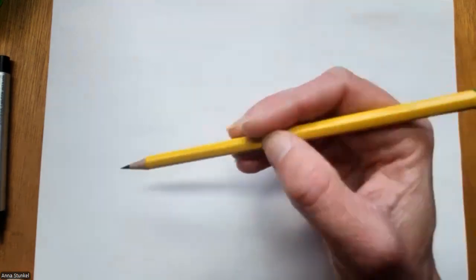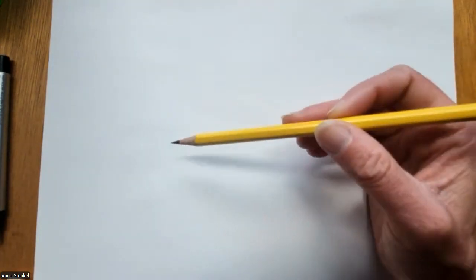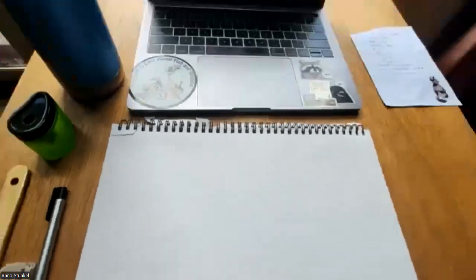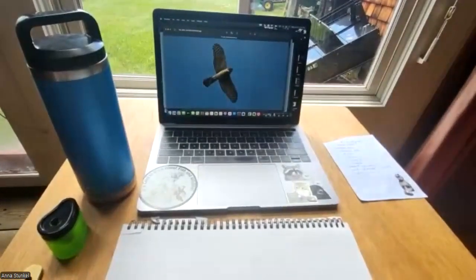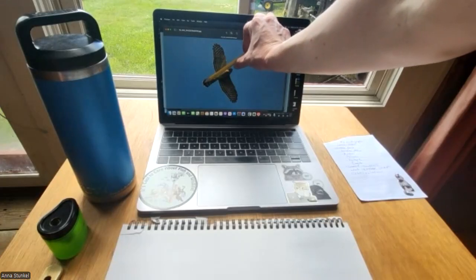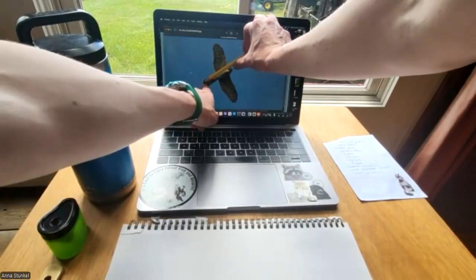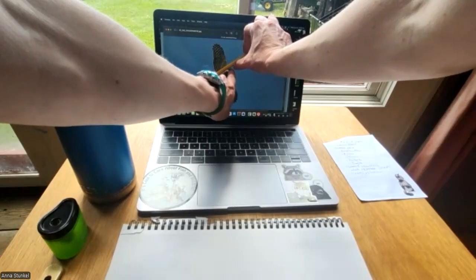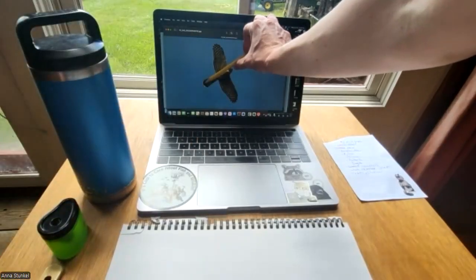All right. Thank you. So what I'm basically going to do here is sketch the axis of the body and the wings to begin. One thing I like to do is measure with your pencil from the end of the head to the end of the tail. When I'm doing that, the tip of the pencil is where the measurement begins, and then I go to my thumb, and that's where the end of the bill is.